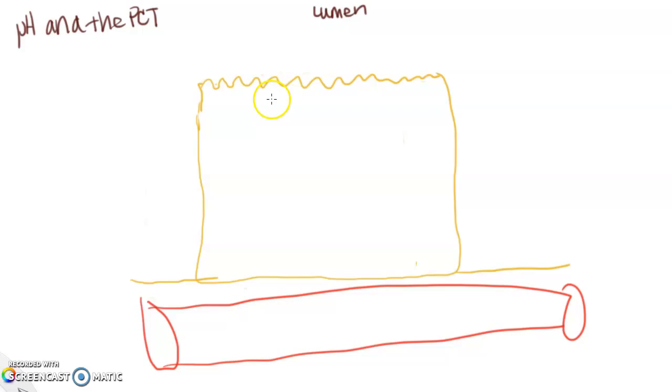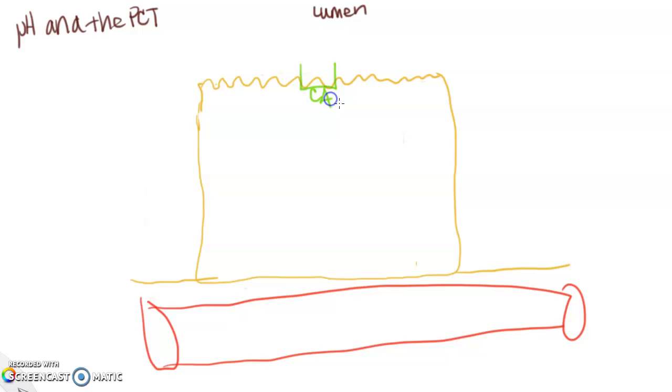And so basically, in the luminal edge of these cells, there exists an enzyme here, okay?